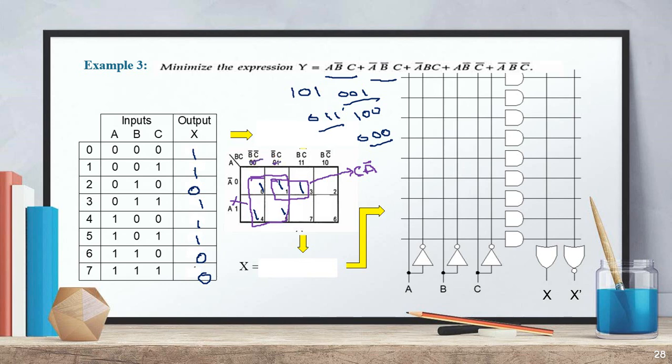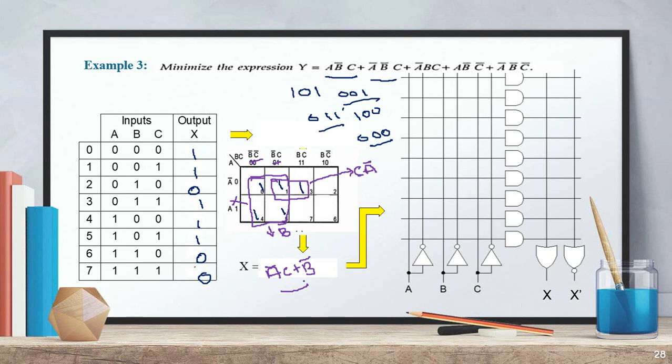In this case both have B bar common, and C bar is different, so it cancels. So our final answer is B bar. So the simplified version here is A bar C plus B bar. See how the biggest equation can be solved very easily into a much simpler version.